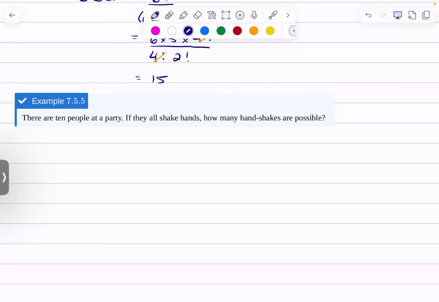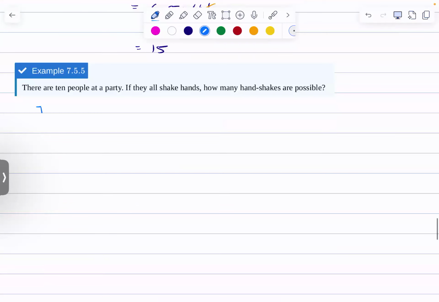There are 10 people at a party. If they all shake hands, how many handshakes are possible? Hello, hello, hello. Al shakes hands with Bob, but that means Bob shakes hands with Al, and it doesn't really matter. It's the same handshake, right?